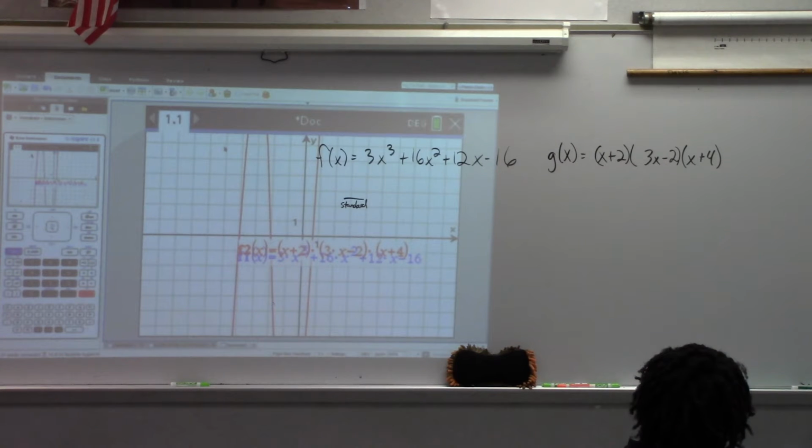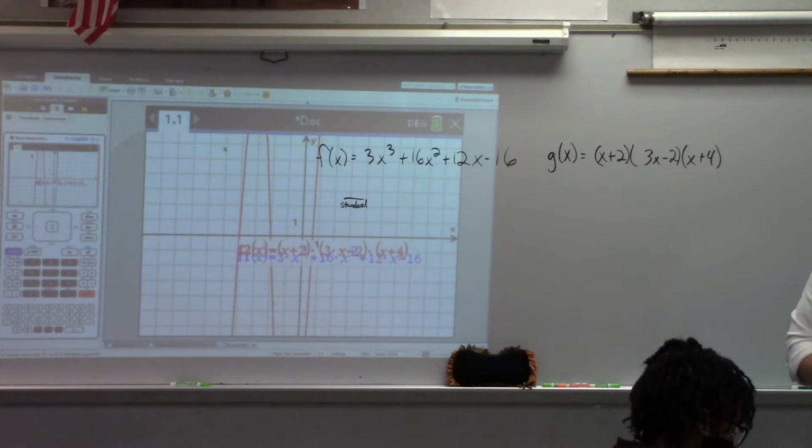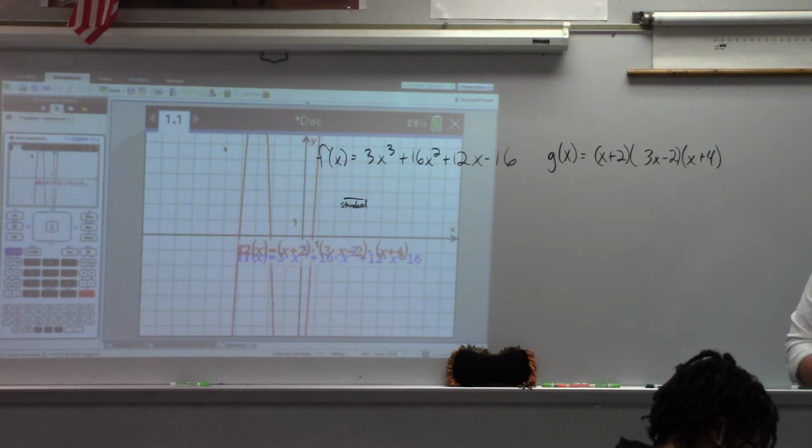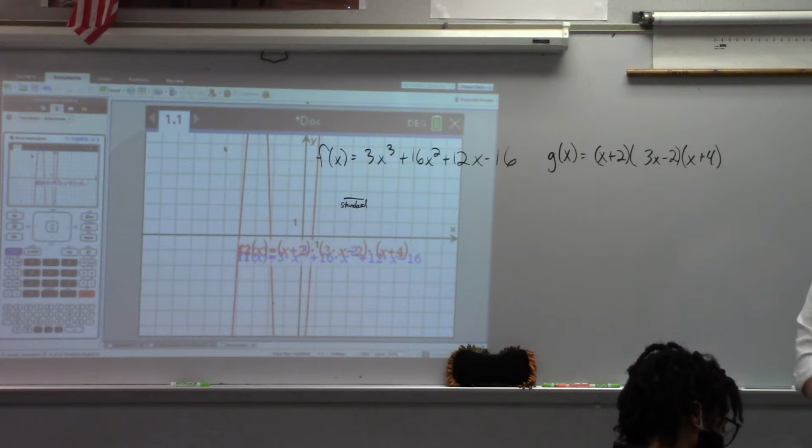So first off, you'll notice I have both graphs there. Does anyone need me to walk through how to graph both those functions? Xavier, which part of it do you need me to walk you through? What's the first button you press to do pretty much everything on that calculator?